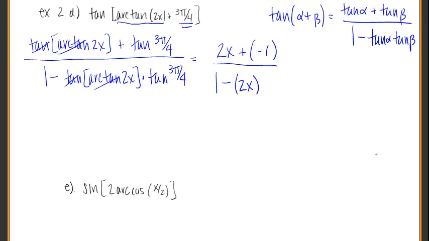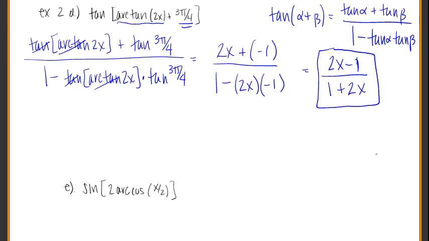So 2x times, again, negative 1. Okay, so we have 2x minus 1 in the top, and we have 1 plus 2x in the bottom. Okay, and that's pretty much, since we don't have fractions inside of fractions, and there's no square root radicals, we can call that one done.